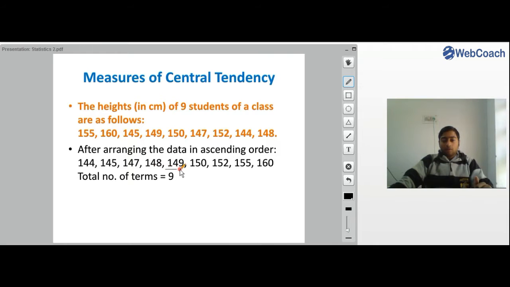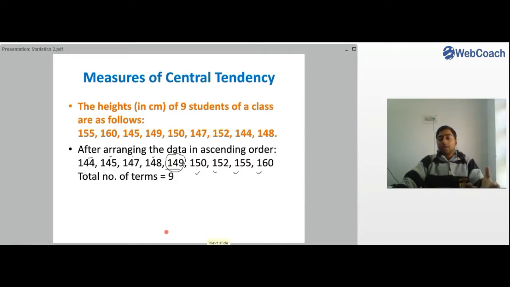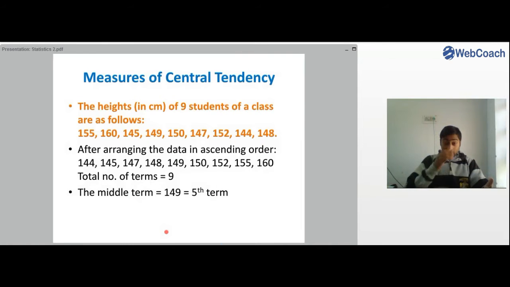So here, if we take the reading 149, you can see there are 4 numbers ahead of it and 4 numbers behind it, right? So this value 149 must divide the entire data into two equal parts of 4 numbers each. So 149 is nothing but the median. The middle term, or the median, is therefore the 5th term, which is 149.